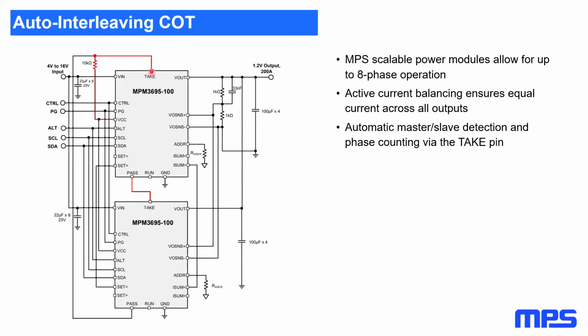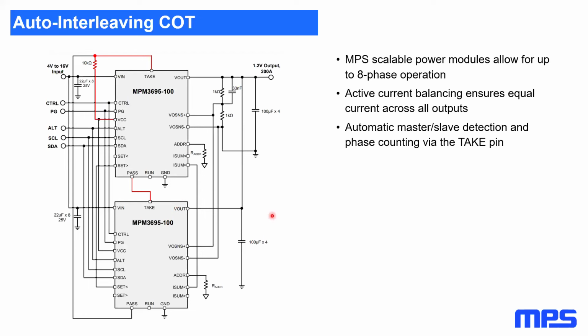If we connect the take pin to VCC, for example, this automatically selects this module as the master, which is then going to deliver the appropriate PWM signals using the pass or the run pins to the next module. By knowing how many modules are connected in parallel, we can equally divide the phase shifts amongst the modules and make sure they are all working in balance both in current and in phase.